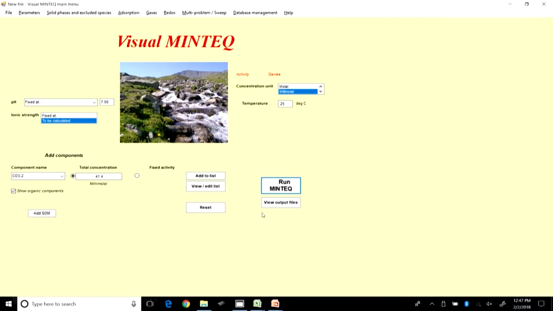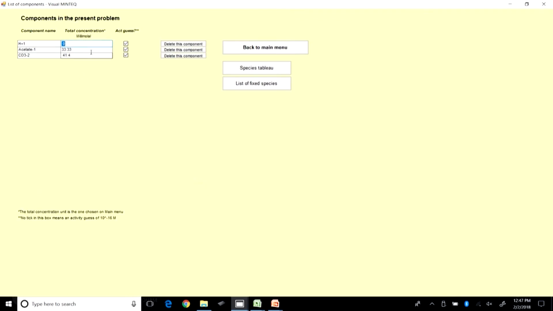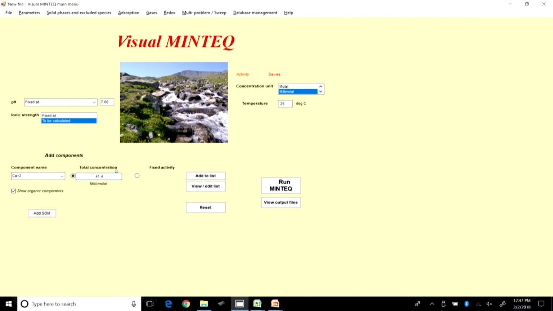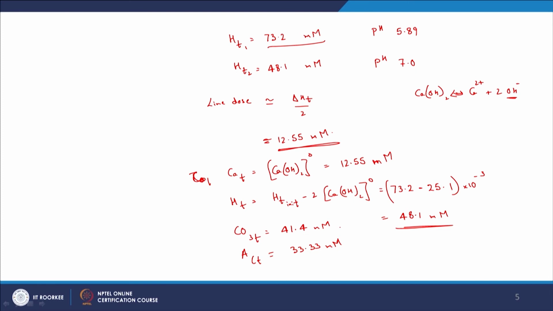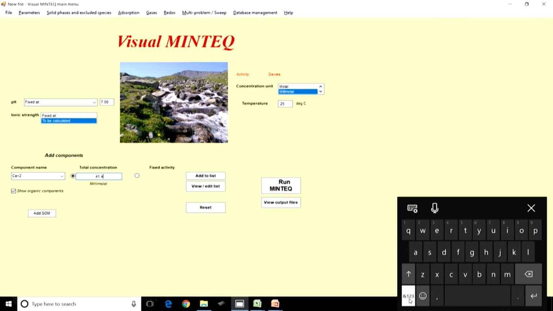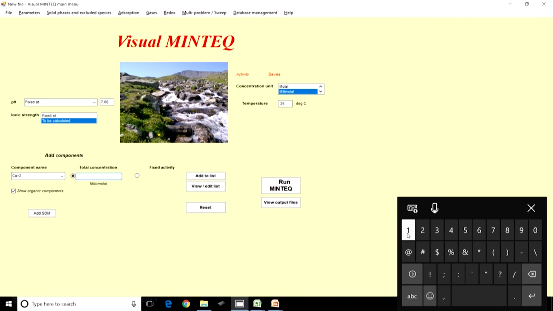I think CO3 total and acetate total should still be present here, so we do not need to change that. We need to add Ca total, and the value of Ca total was supposed to be equal to 12.55 millimole, right. So, this has to be 12.55, and the units are millimolar.